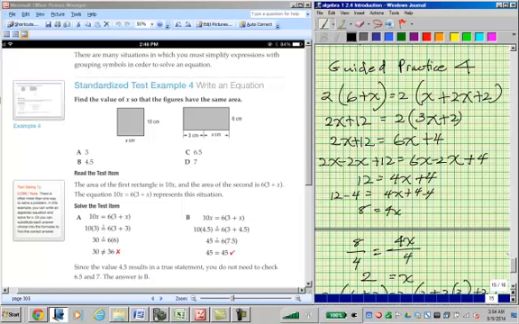So you got 10, it's length times width, you don't know if these are rectangles or squares or whatever. So 10x equals 6 times x plus 3. Distribute and get all the numbers on the right and the variables on the left, etc., etc. And I end up with x equals 4.5, and I check it.